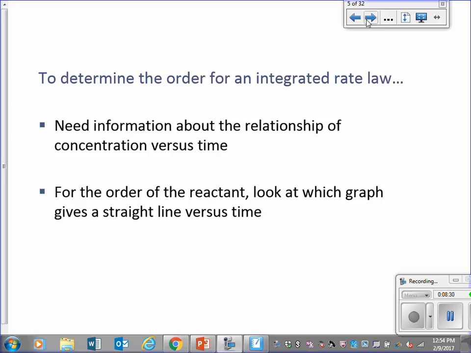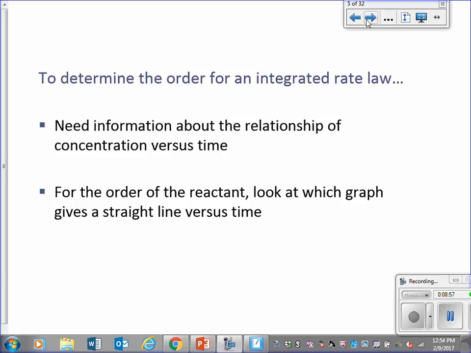How can we compare which order the reactant is using the integrated rate law? We can look at the graph that gives us the straight line. Now that doesn't mean anything right now, but it will later on, because you're going to be looking at the different orders. Zero order, first order, and second order put different things on the y-axis. And when we look at their comparison with time, one of the three graphs will come out to be a straight line.